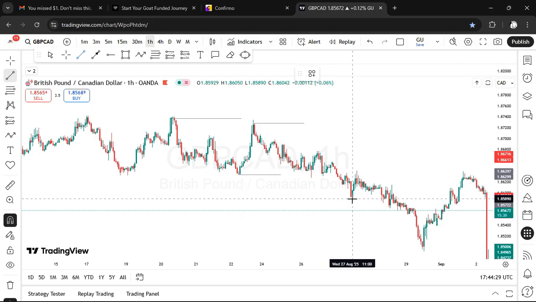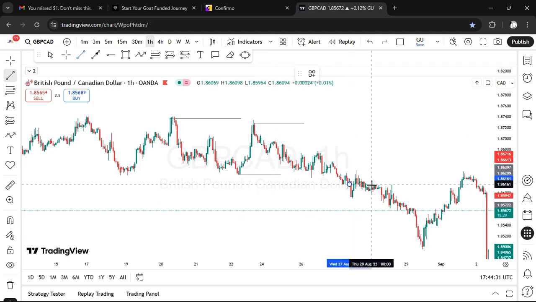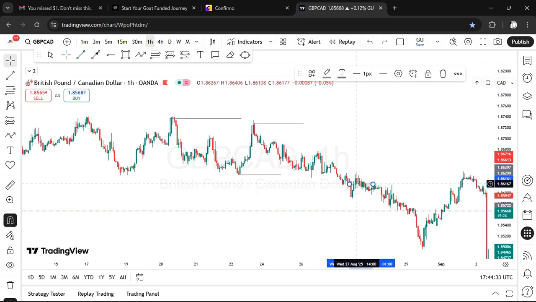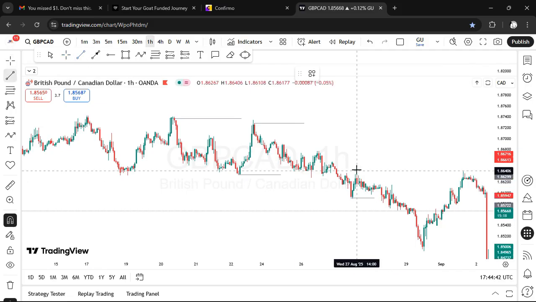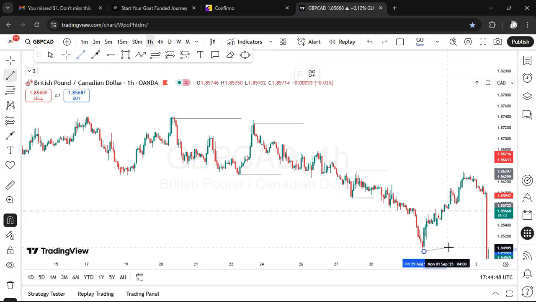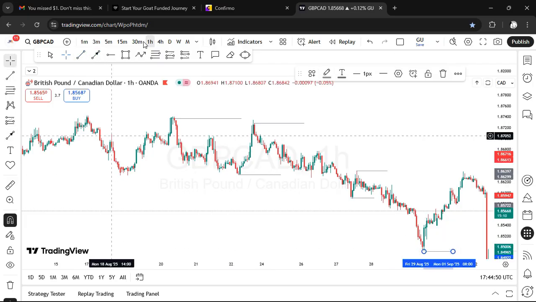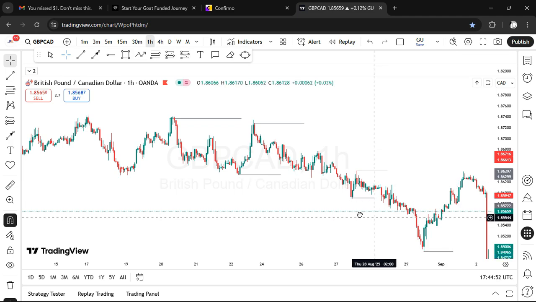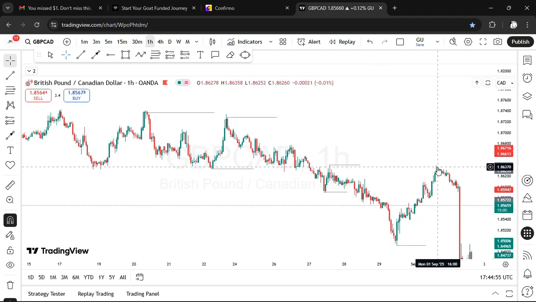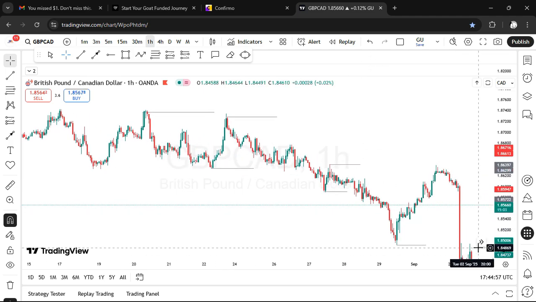It broke down, came to this point, produced a lower low somewhere here, and then retraced somewhere here, and from there it still produced another low here. So yes, one could say that this market is trending down.